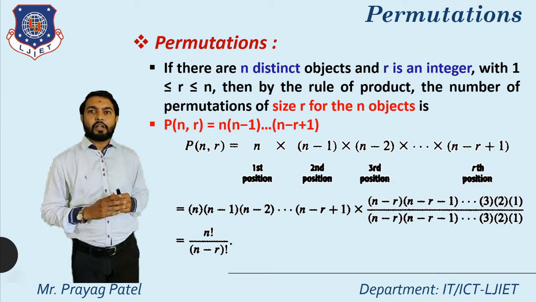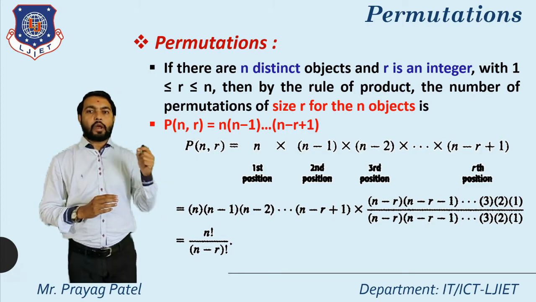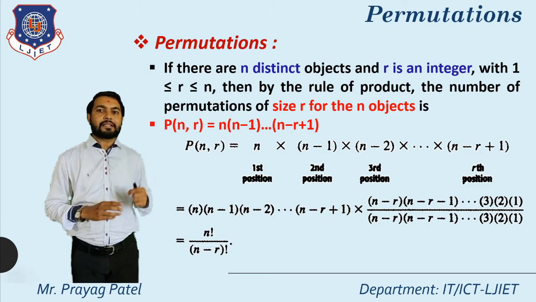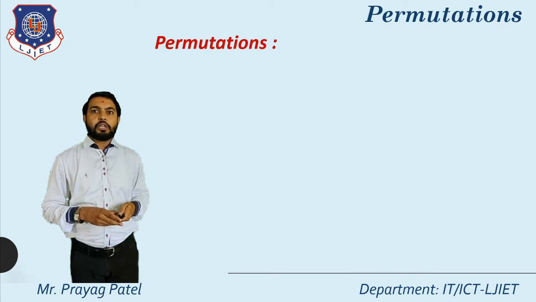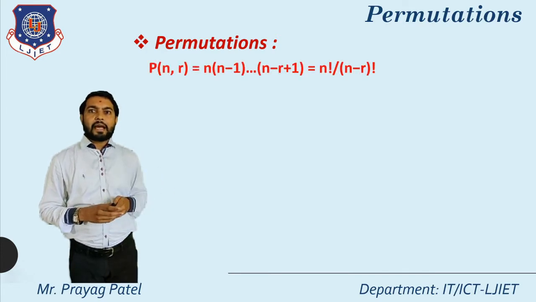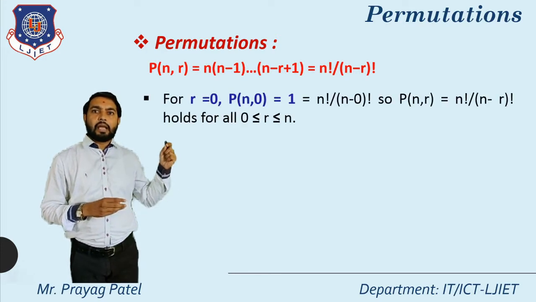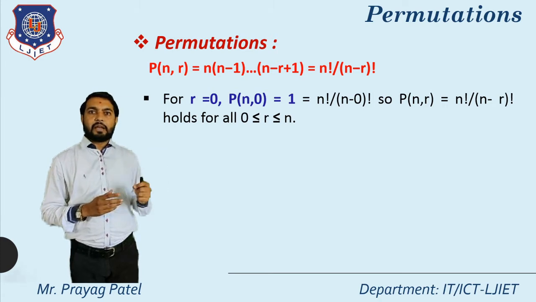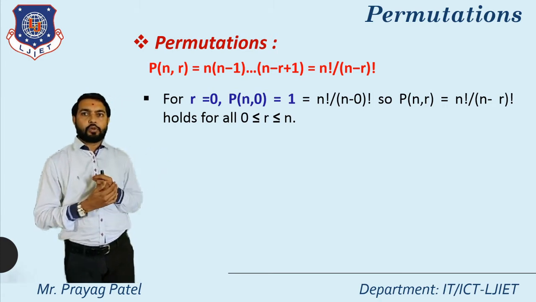So the common formula for P of n, r equals n factorial divided by n minus r factorial. That means P of n, r equals n factorial divided by n minus r factorial.